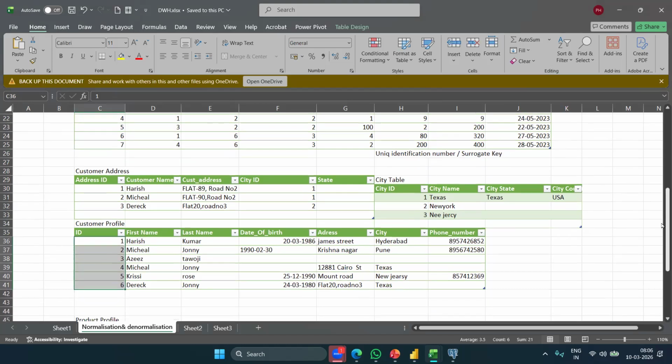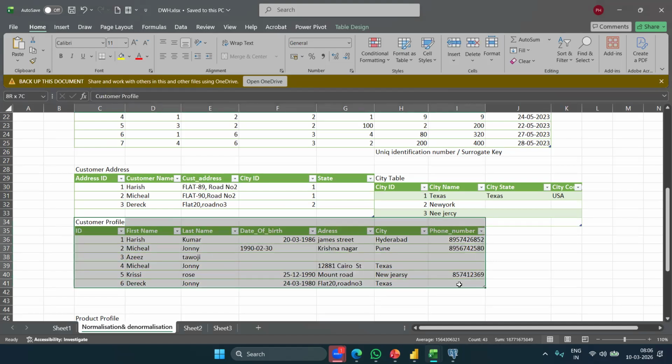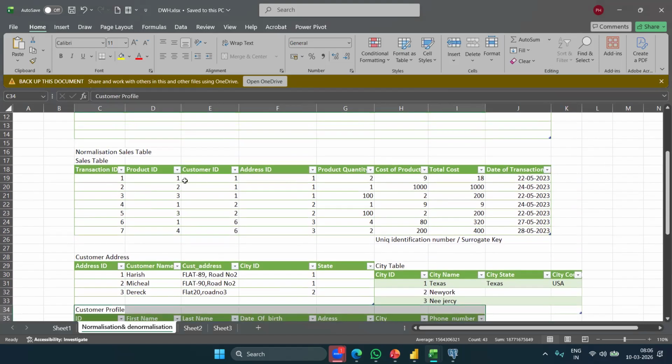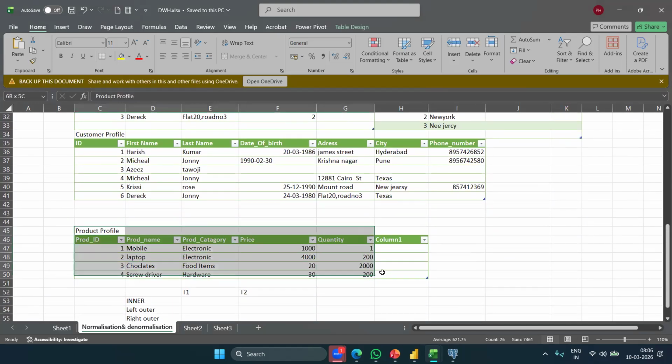So first we create a customer profile table and store the customer information there. Similarly, for products, I am going to create a product table and store all the product-related information as a unique record.